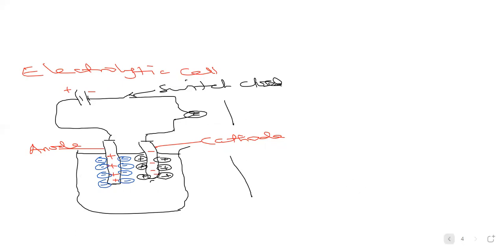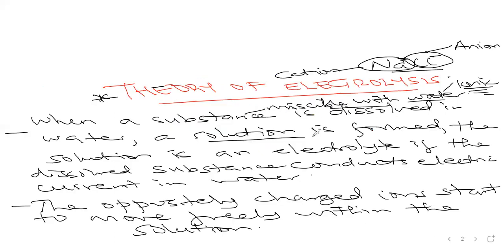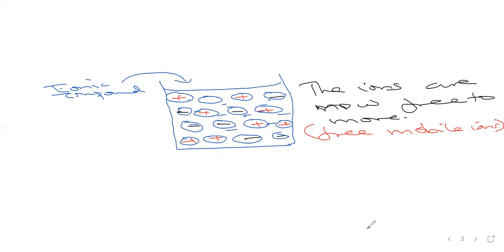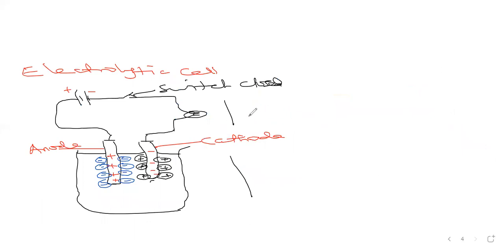To take you back, we said, first of all, the substance dissolved in water to form an electrolyte. The oppositely charged ions start to move freely within the solution. So the ions are now free to move in the solution.